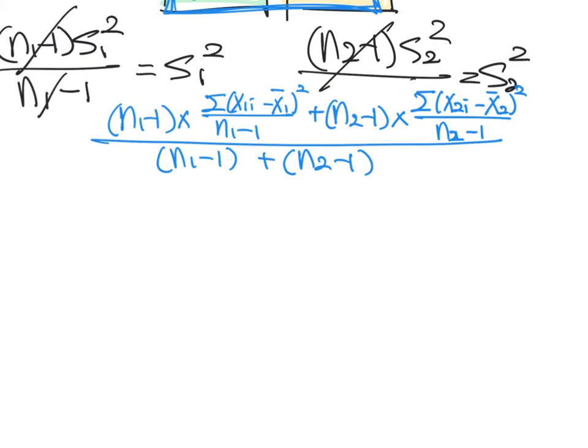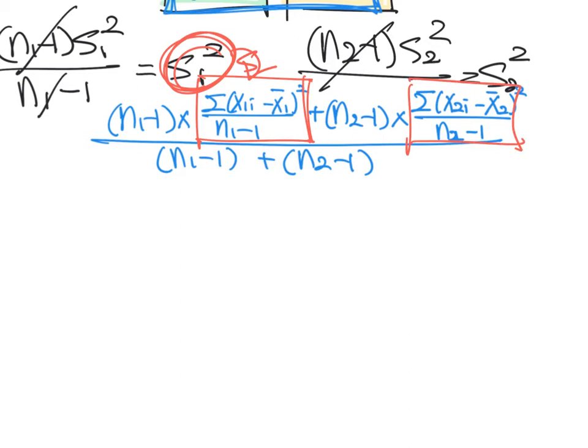So now I just plugged what was S1 square and what was S2 square mathematically. They are now exactly same. But now look at this. Here's n1 minus 1. In the denominator, there's n1 minus 1.